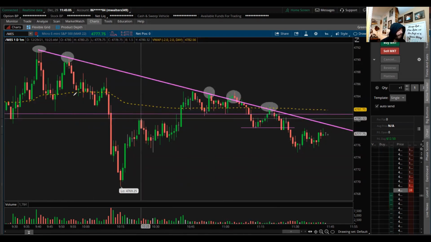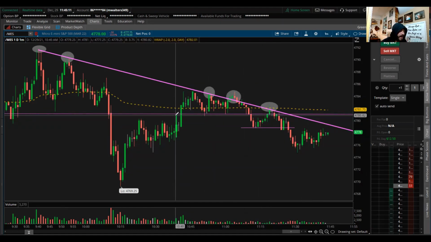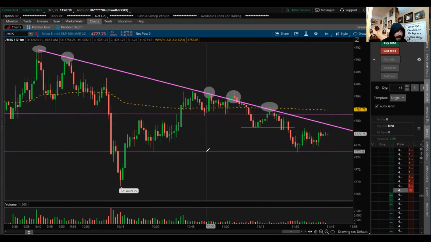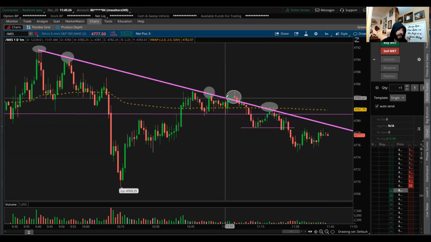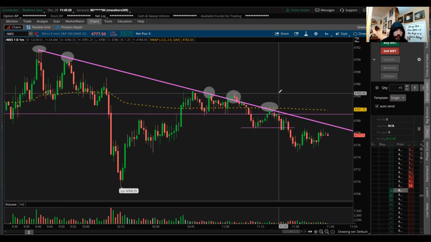This is totally fine. But if you're trading the index, you have to know where to set the stops. So as I got over to here, I set my stop at 47.85, and I just nearly got picked off right here by a quarter of a point.